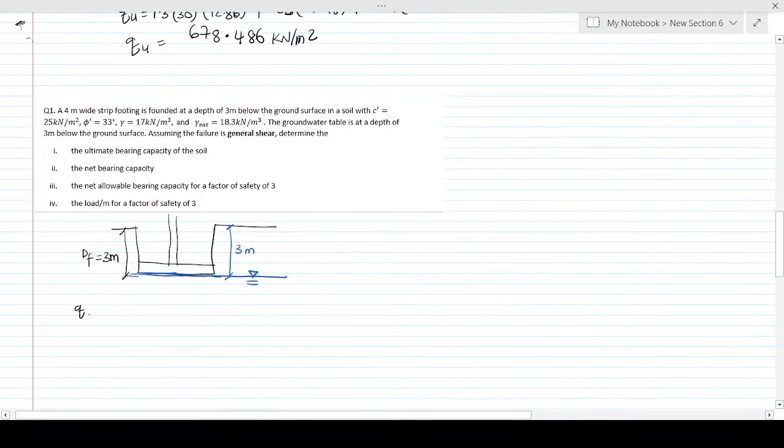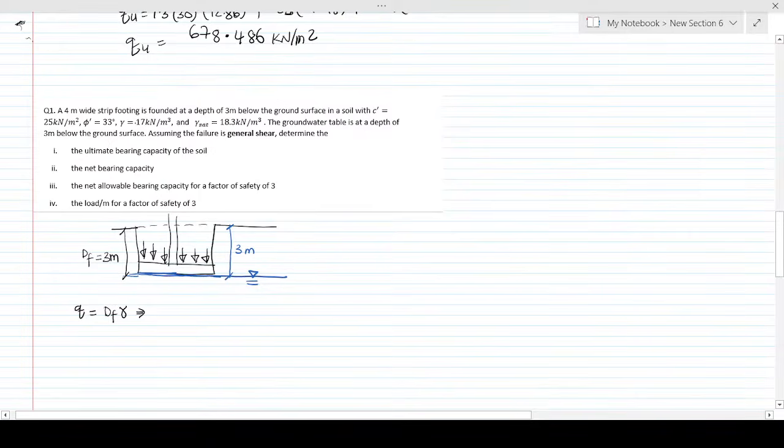First of all, we need to find q, which is Df times gamma, right? Now q is the static stress, that is the column of material above the foundation. So the soil that is causing stress onto the foundation, the one above it.